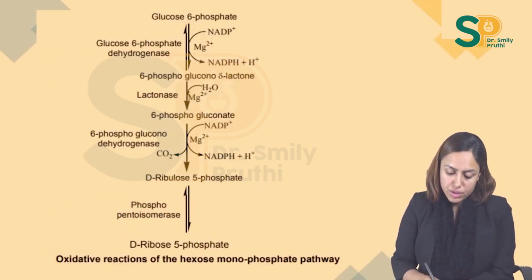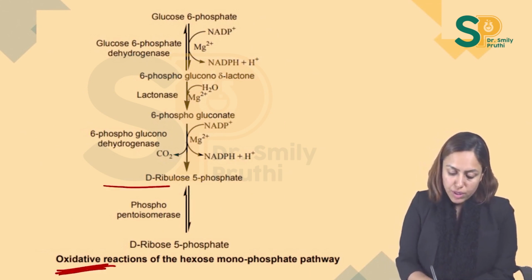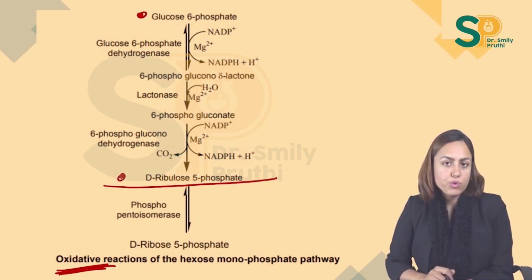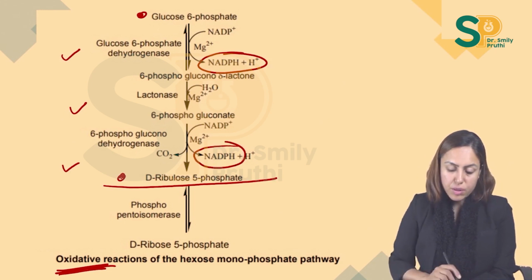Look here, this is oxidative reactions of phase 1 of HMP, right? So till here we have phase 1. In phase 1, from glucose 6-phosphate, we are getting ribulose 5-phosphate. There are mainly 3 steps. Here we are getting NADPH, here also we are getting NADPH.